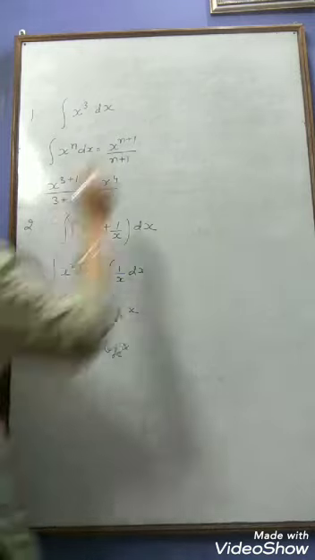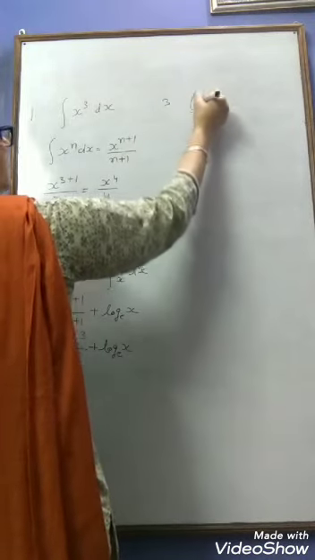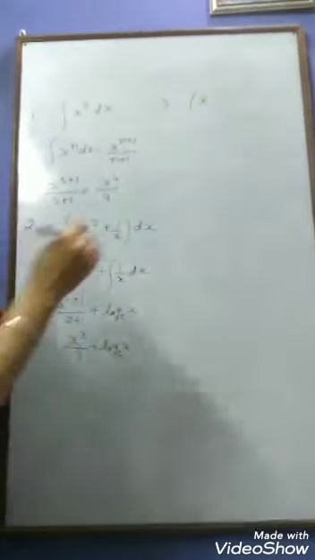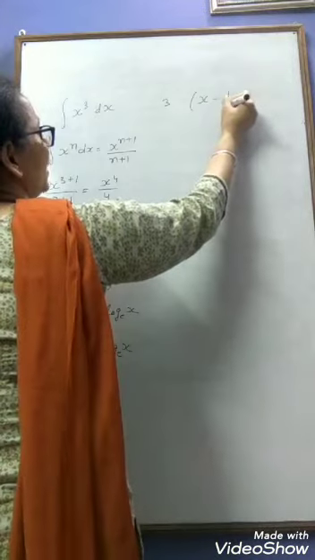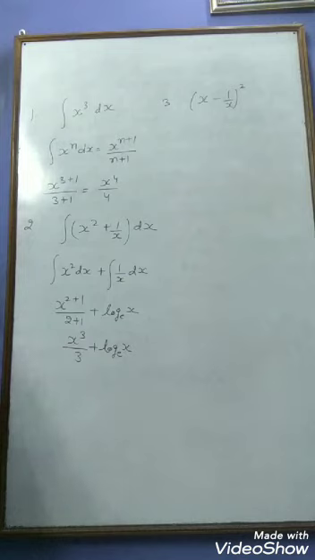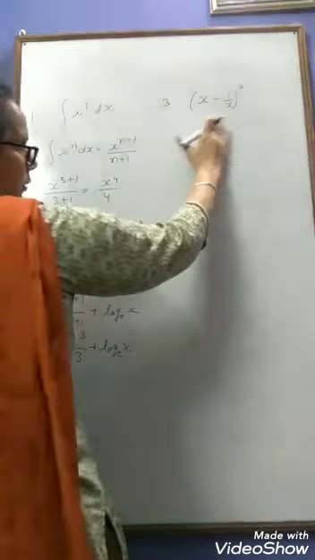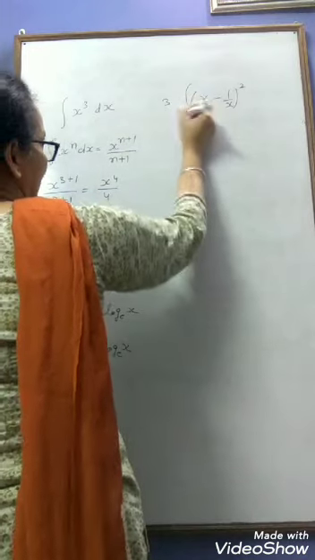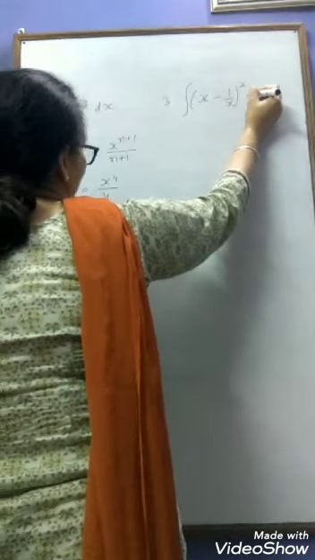Next you have the third example, (x minus 1 by x) whole square. Now how do you integrate it? The first step is the integral dx.